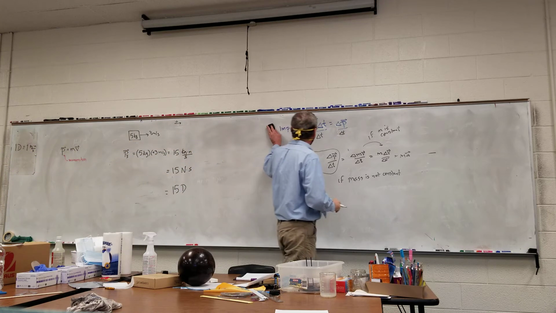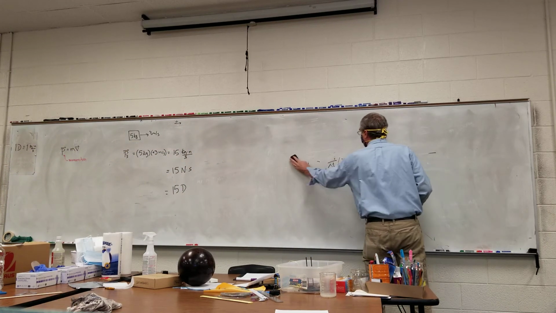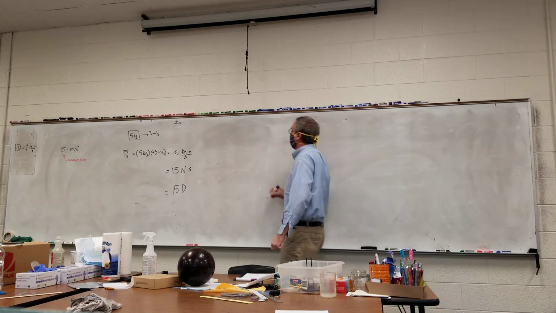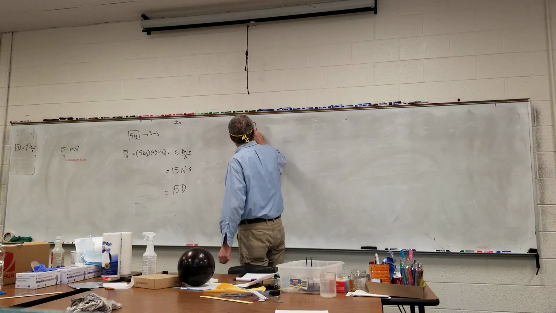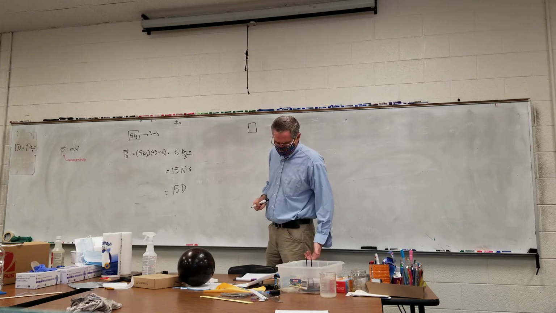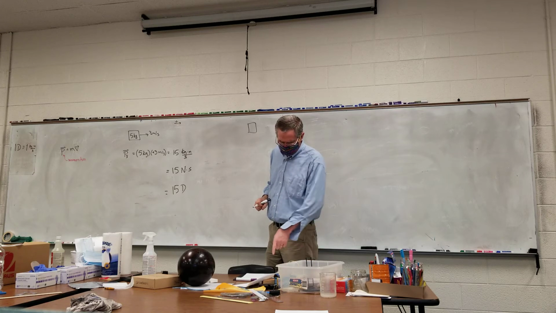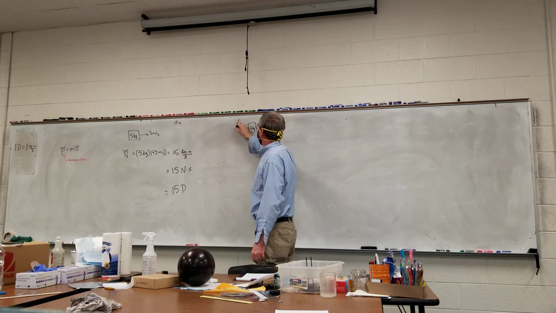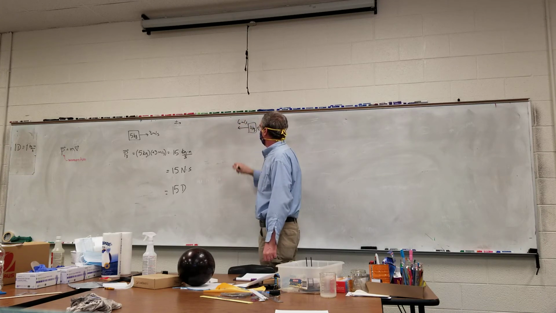Keep the same convention, to the right being positive. And although the numbers are not really critical here, I think I picked these numbers for a reason, so I'm going to try to maintain what I have in my notes. 4 kilograms going to the left at 6 meters per second.